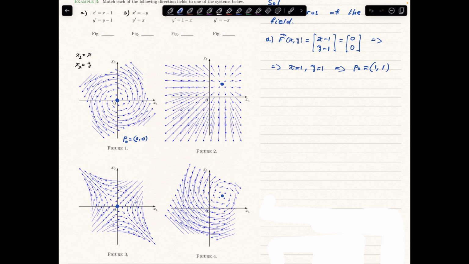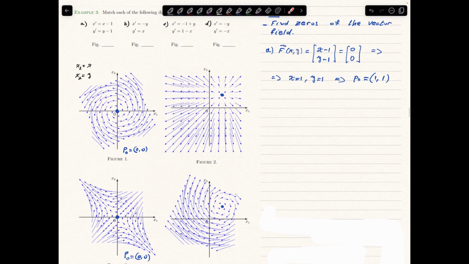So this cannot be A. The system A cannot be figure 1, because figure 1 vanishes at 0, 0, and this one vanishes at 1, 1. The same happens here. This p0 is 0, 0. So the system in A cannot be this one and cannot be this one.